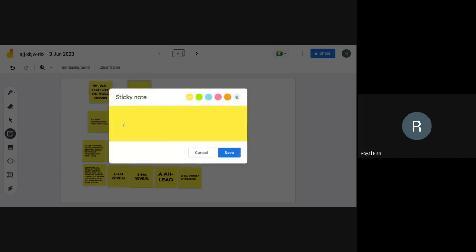Then you have A, which is ah, or lead. And then P, which is Pa, mouth or speak or heal slash process. I love the letter P as well.